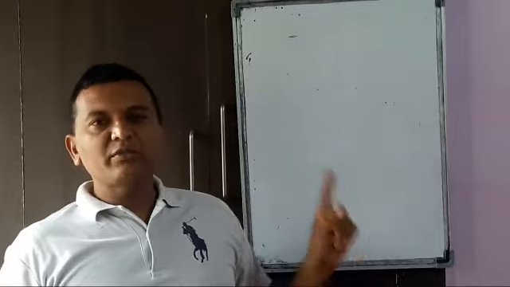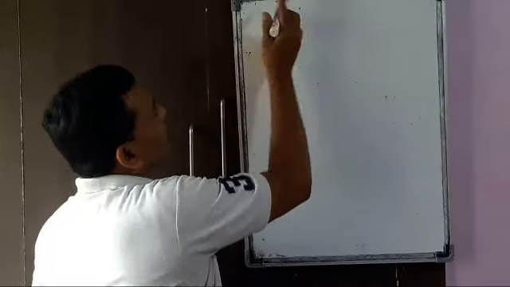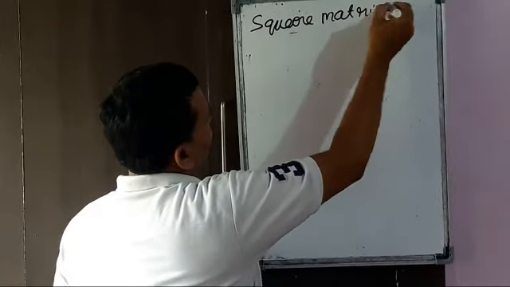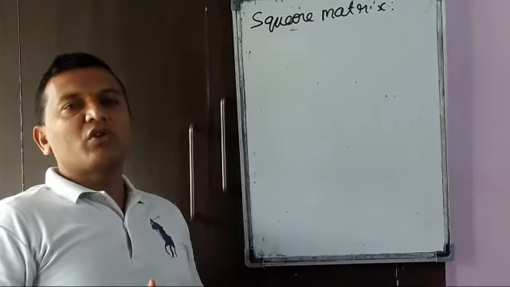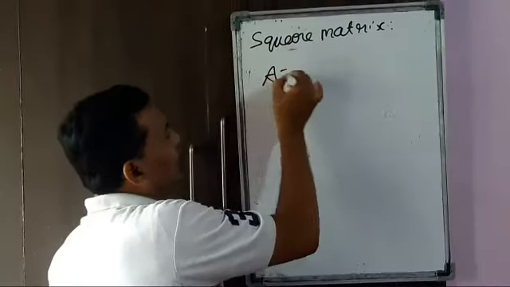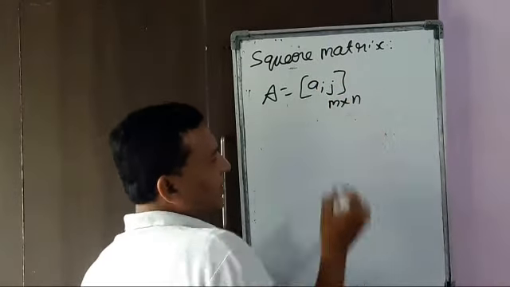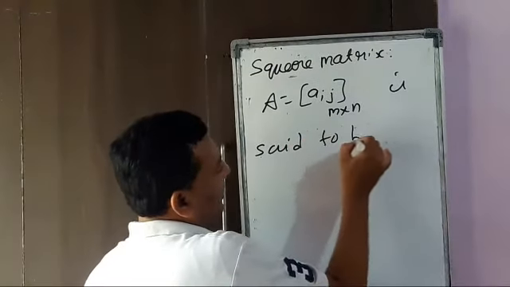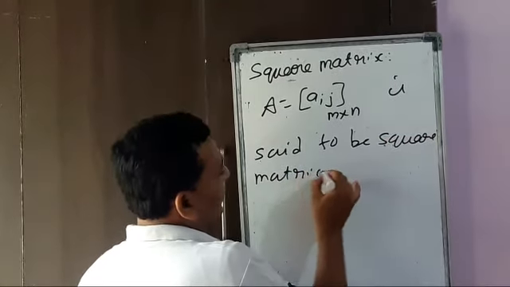Okay. Now in the types of matrix we have learned what a row matrix is and what a column matrix is. Now we will learn what a square matrix is. A matrix in which the number of rows is equal to the number of columns is said to be a square matrix. Algebraically, A equal to Aij of order m cross n is said to be a square matrix if m equal to n.